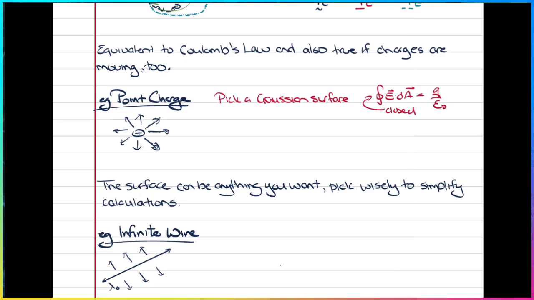Now, of course, I could use a surface that is going to make my life simple. If the electric field is radial, and I know I'm going to have to dot the electric field with the area vectors, why not use a Gaussian surface that's also spherically symmetric, i.e. a sphere that has some radius, little r.